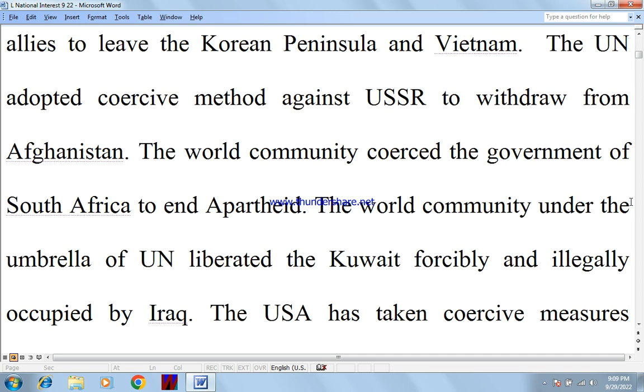The UN adopted coercive methods against the USSR to withdraw from Afghanistan. The world community coerced the government of South Africa to end apartheid. The world community, under the umbrella of the UN, liberated Kuwait, forcibly and illegally occupied by Iraq.